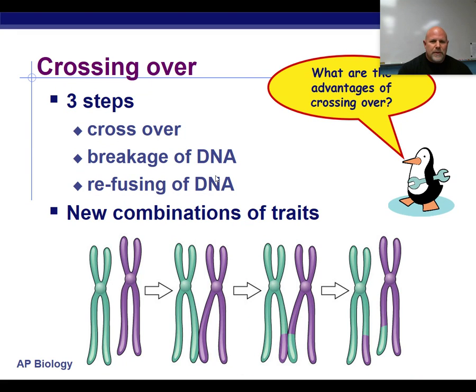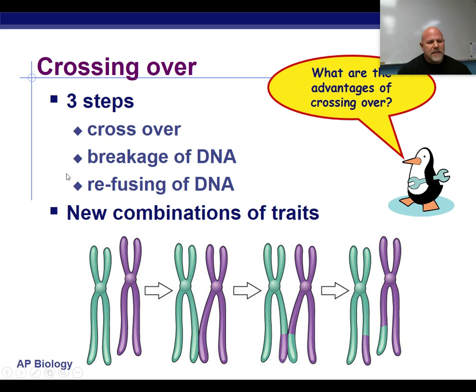So when I do the process of independent assortment, I can get like 8 million different variations. When you do the process of crossing over, an infinite number of combinations can come from the process of crossing over.